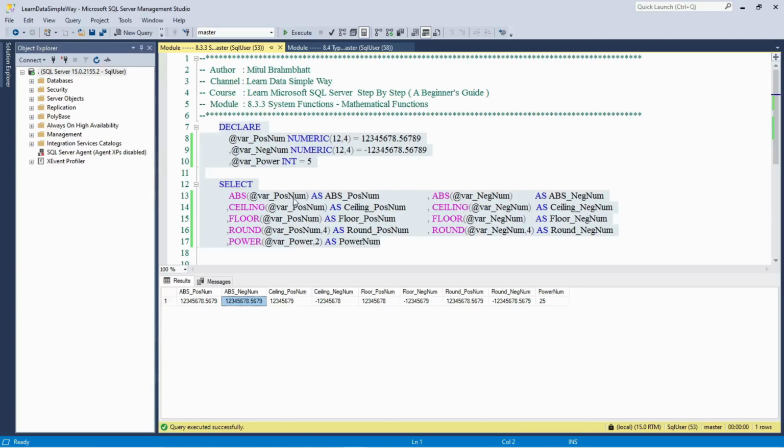Then comes the ceiling number. Ceiling is always the upper side. In the case of a positive number, it takes you to the upper side of the number. In our case the number was 12345678, but after 8 there is a decimal point, and after the decimal point there is 5 or greater.